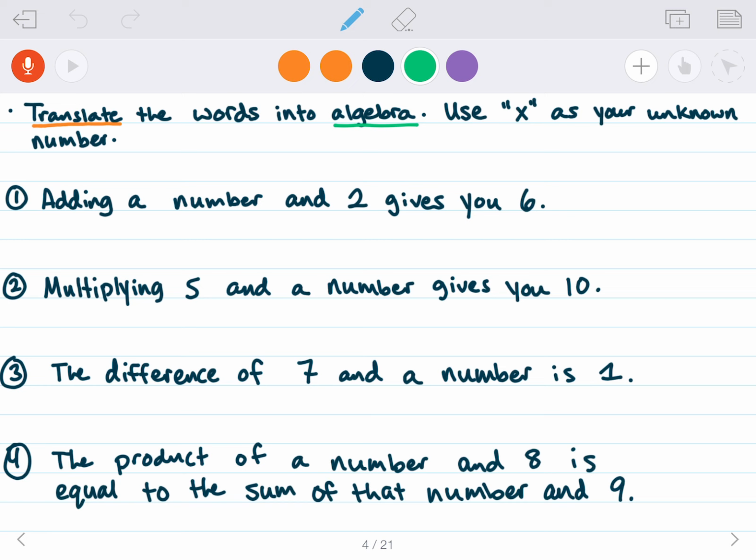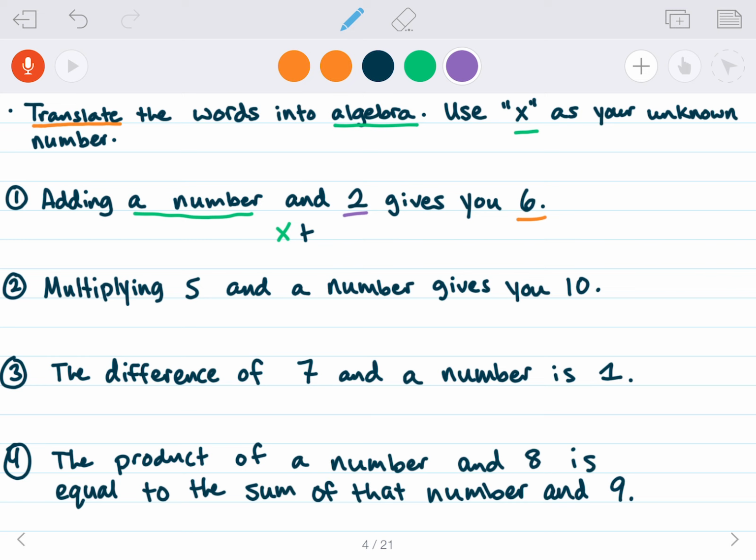All right, so let's practice translating words into algebra. The directions say use x as your unknown number, so we're going to be using x as our variable. Let's look at the first one. It says adding a number, so that's going to be x. Adding a number and 2 gives you 6. So the number I'm going to represent with x, we want to add it, so we put the plus sign.